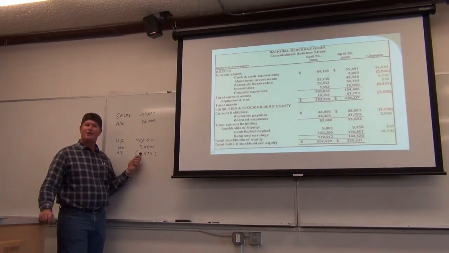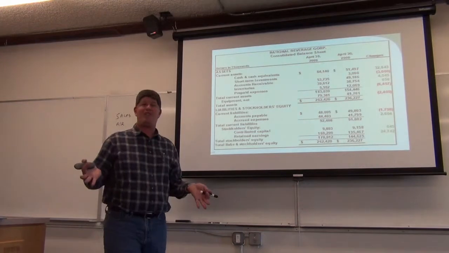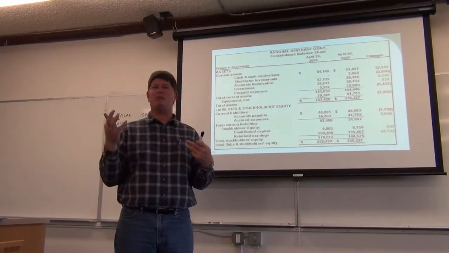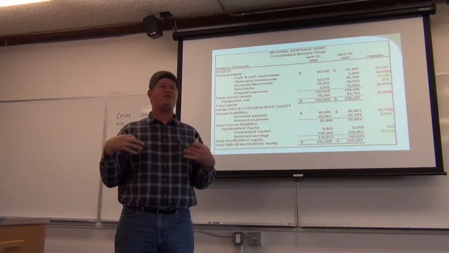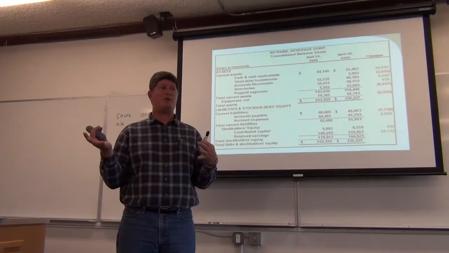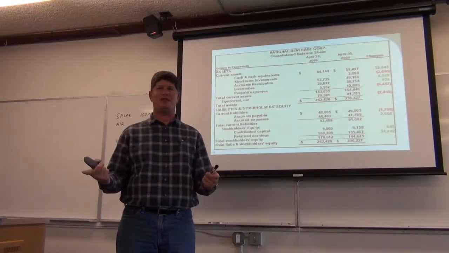Because I didn't collect all the money, or I collected some of last year's money, right? If I collected some of last year's money, I would have more cash than the net income implies. Correct? And if I paid off some of last year's accounts payable expenses, it would imply I have less cash than net income implies.